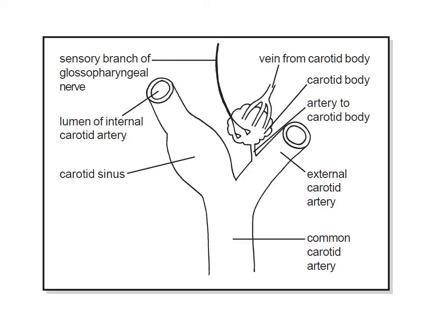This means they're getting arterial blood straight from the external carotid artery. And this allows the sensitive cells in the carotid bodies to detect any reduction in blood oxygenation. If blood oxygen levels fall, this information is sent to the medulla oblongata of the brain stem via sensory nerve fibers of the glossopharyngeal cranial nerve.